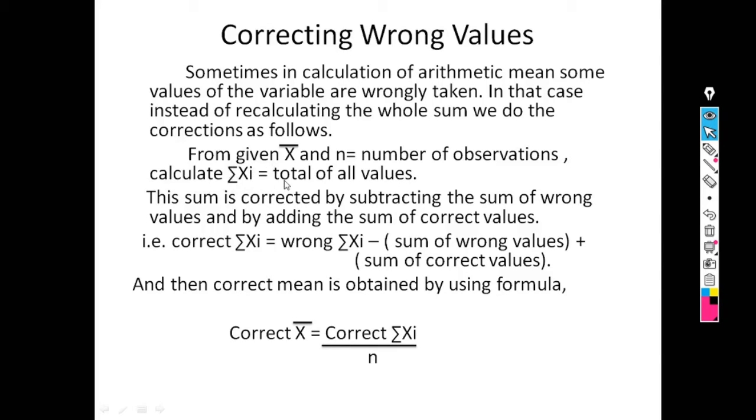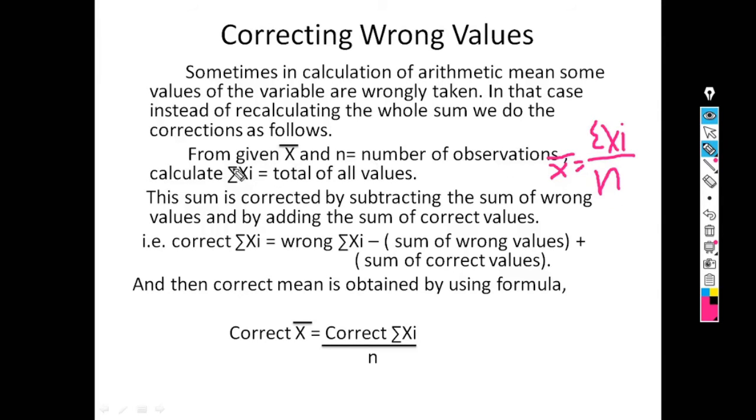By using the formula, we know that arithmetic mean x bar is equal to summation of xi upon n. From this we can derive the formula for summation of xi. So summation of xi is equal to n into x bar.